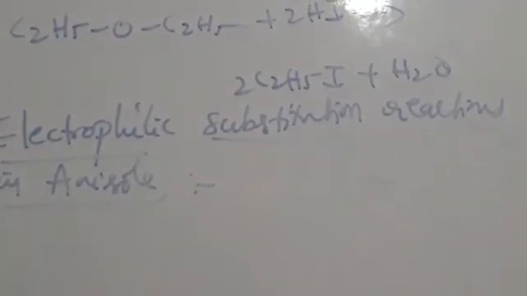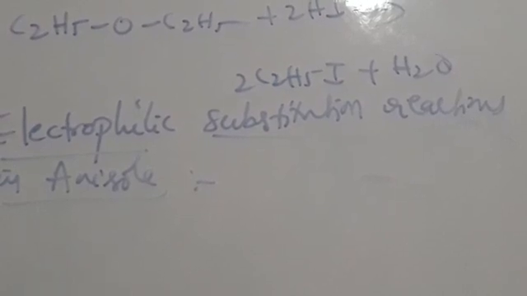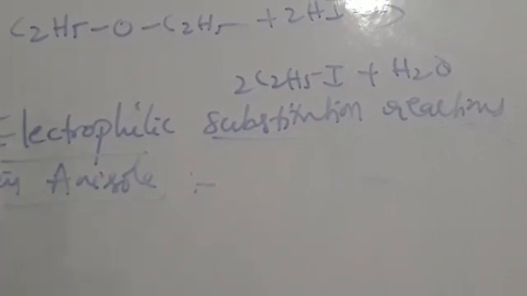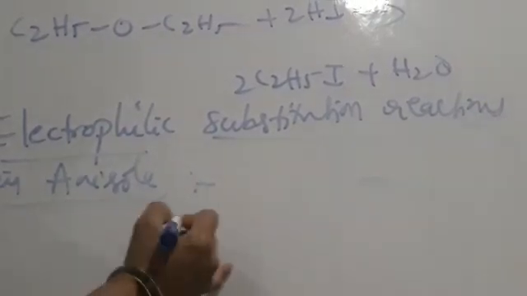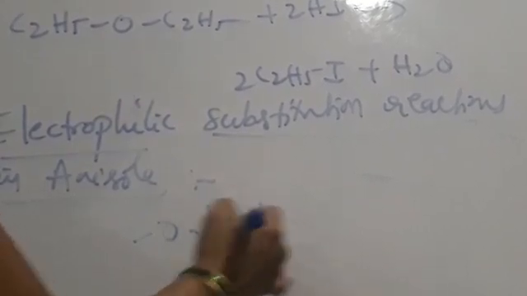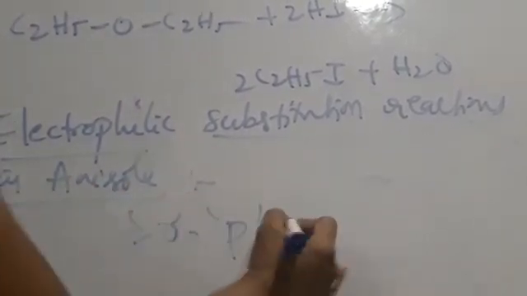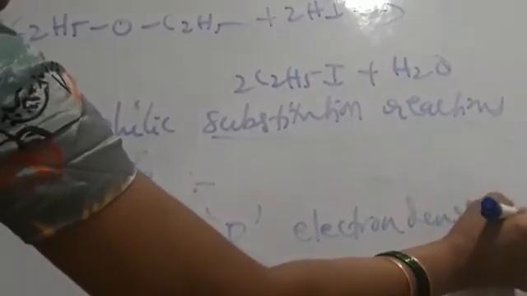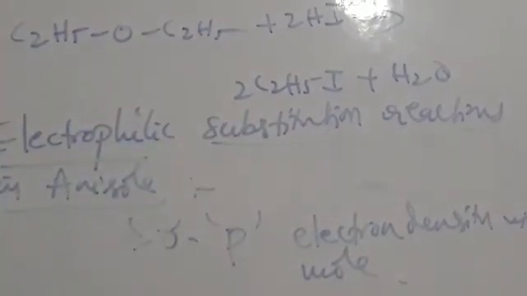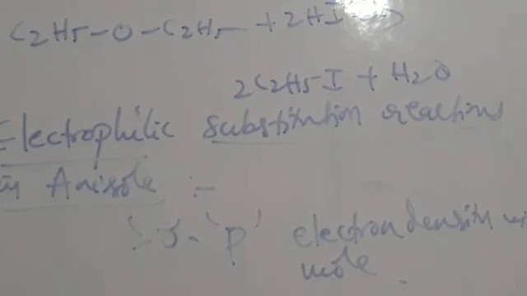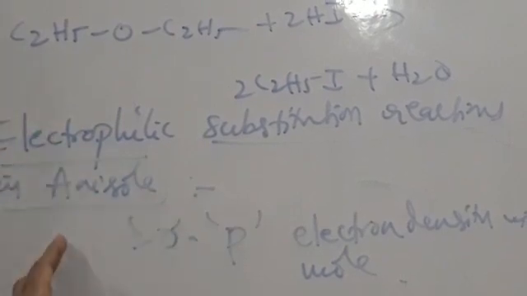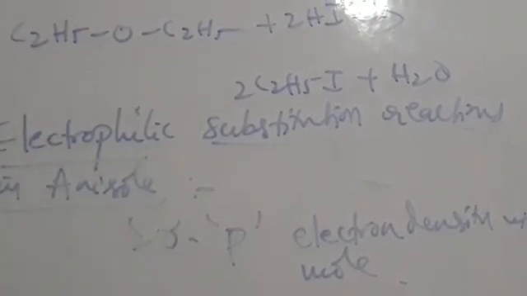So anisole shows 5 different resonating structures. Okay. In those 5 different resonating structures, like phenol, at ortho and para positions, electron density is more. Okay, ortho and para. That's why we get a mixture of 2 compounds when anisole undergoes electrophilic substitution reactions: ortho substituted compound and para substituted compound.